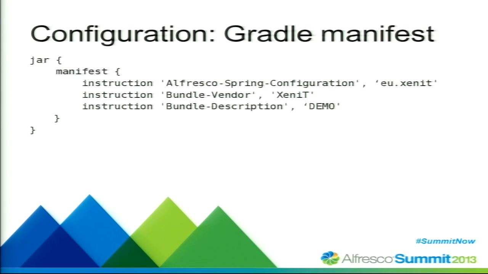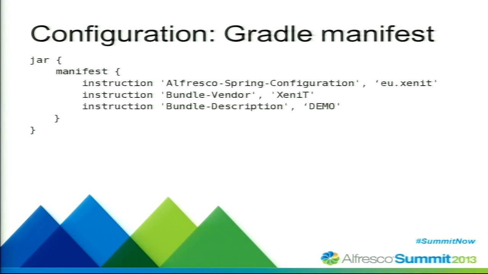So some configuration to be done is for the bundle manifest. I mentioned the class path scanning. In order for the framework to pick up our Spring Beans, we do have to tell it in which package it can find Spring Beans. In our case, it will scan down all sub-packages.